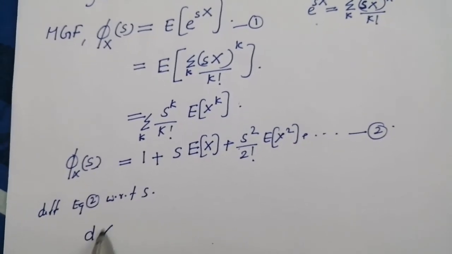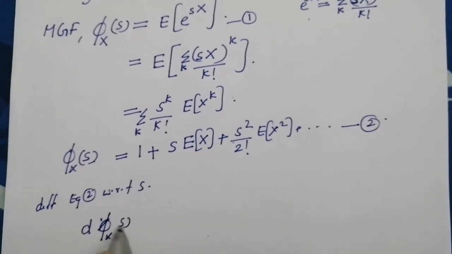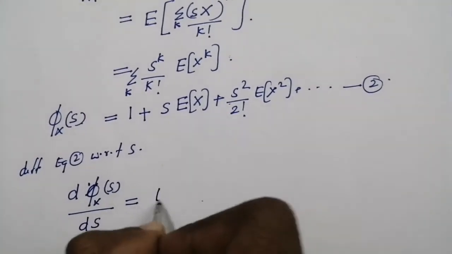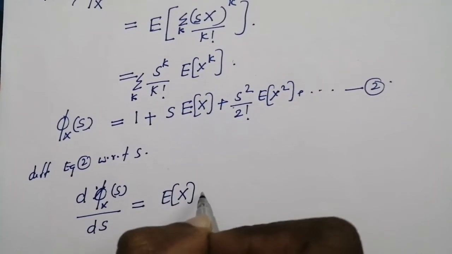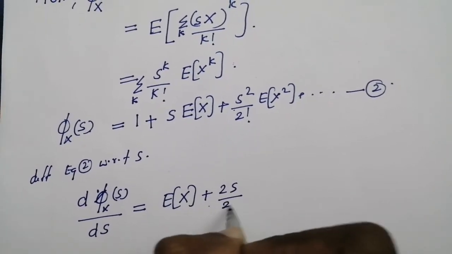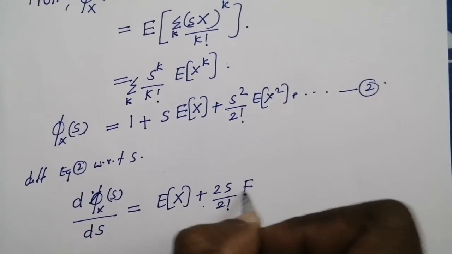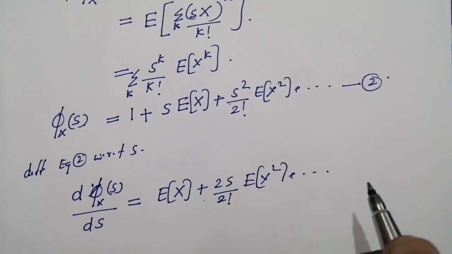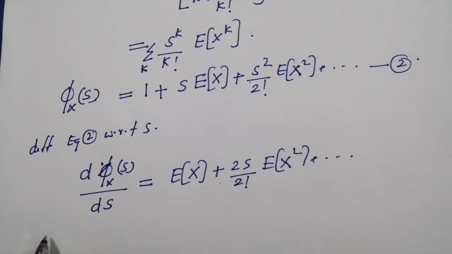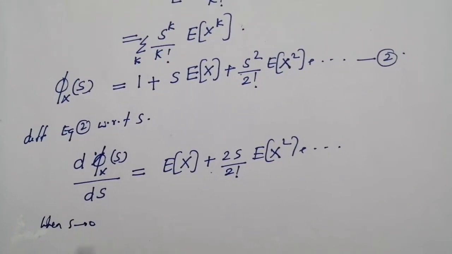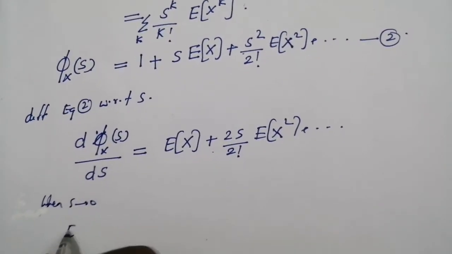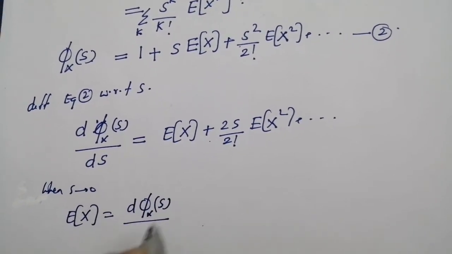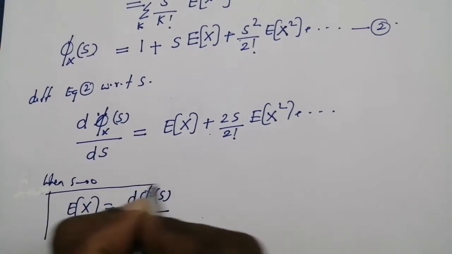That is, d phi x of s by ds equals the expectation of x plus 2s by 2 factorial into the expectation of x square plus etc. Now, when s equal to 0, we can write the expectation of x equal to d phi x of s by ds.